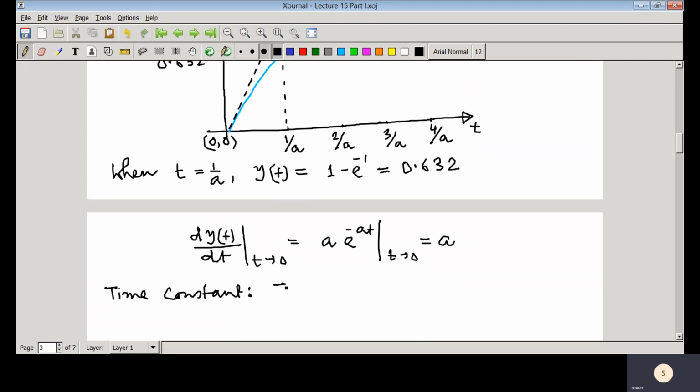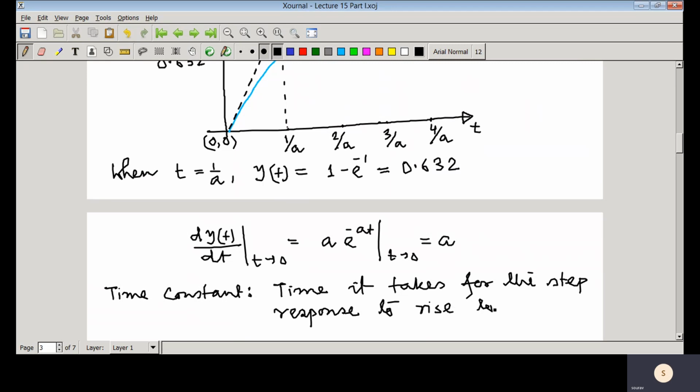It is the time it takes for the step response, and here we have applied a unit step, to rise to 63.2%.